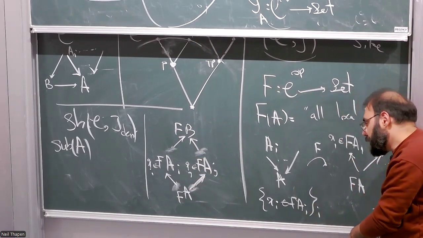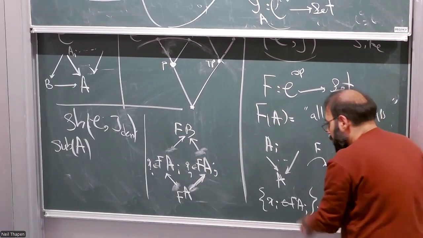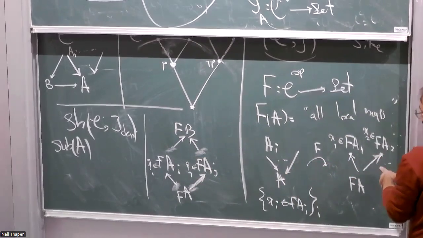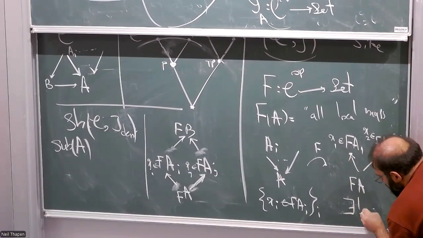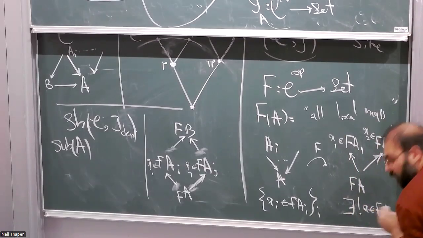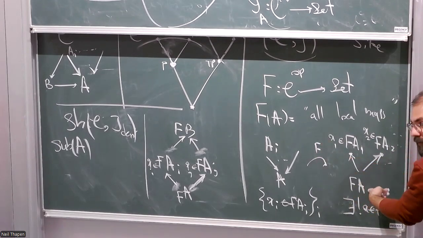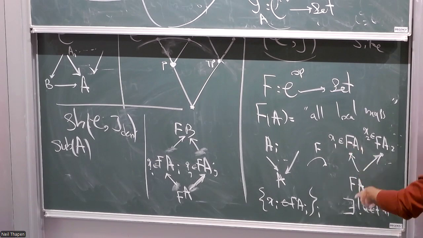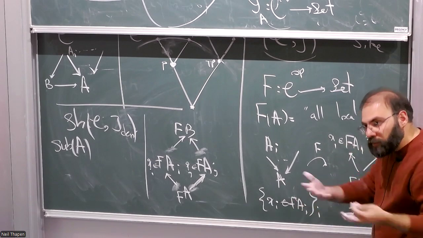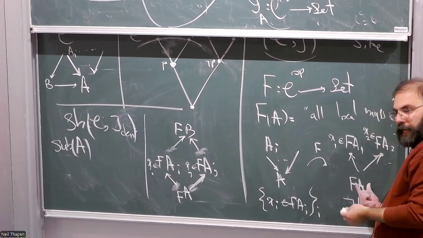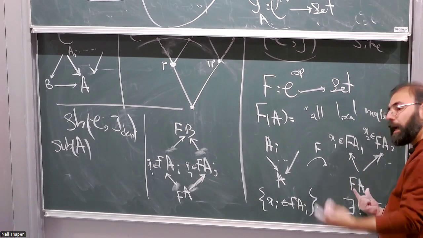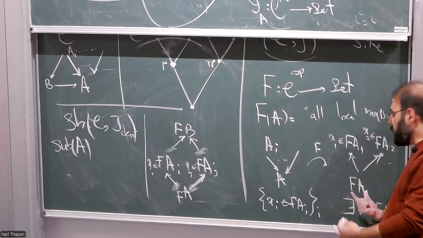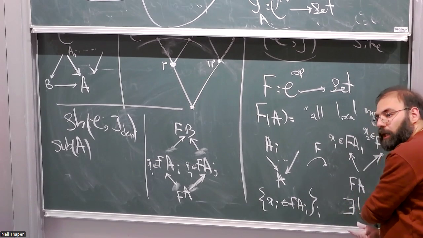Then the sheaf condition says that for any compatible family like this, there exists a unique x here, such that everything here comes from that x, right? So it says that if they are compatible, you can glue them together on A, which is covered, in a unique way. Unique means that the whole information is local in X, right?